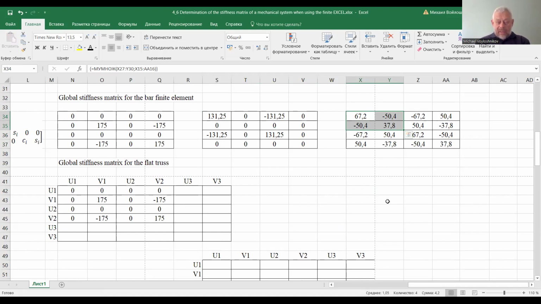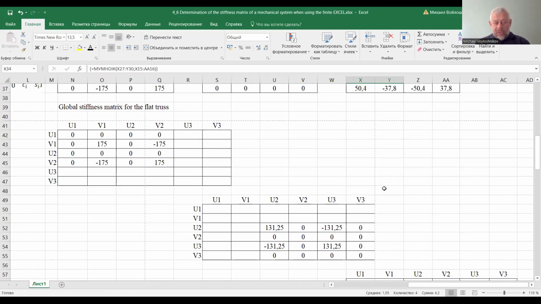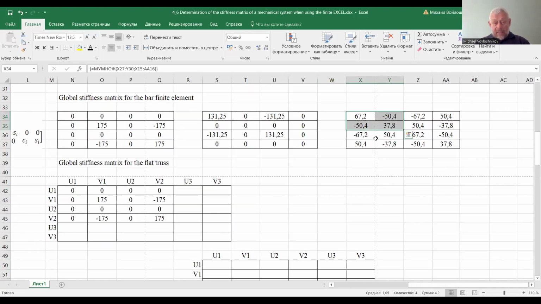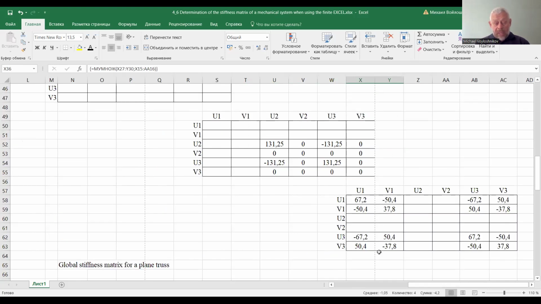So the first segment of the 4 magnitudes of the stiffness matrix of the third finite element in the global coordinate system, we have to introduce accordingly to node 1, the beginning of the finite element. And the second segment, we have to introduce just the copies of the magnitudes accordingly to the cells corresponding to node 3.